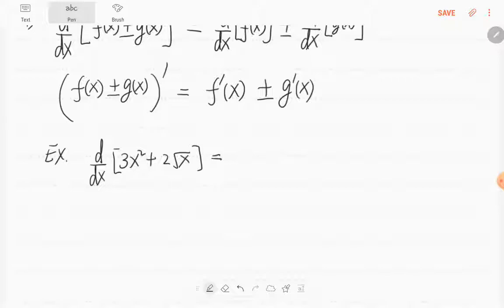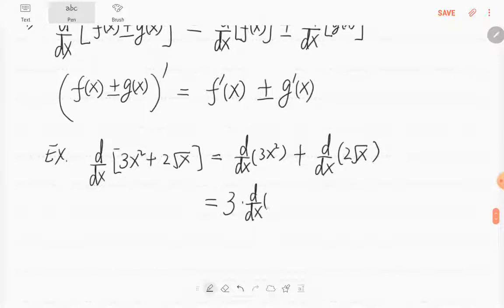So this is the derivative of 3x squared plus the derivative of 2 square root x. We take 3 out times the derivative of x squared, plus we take 2 out times the derivative of the square root.